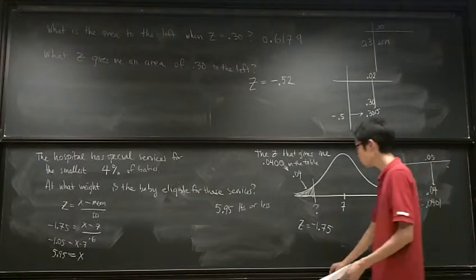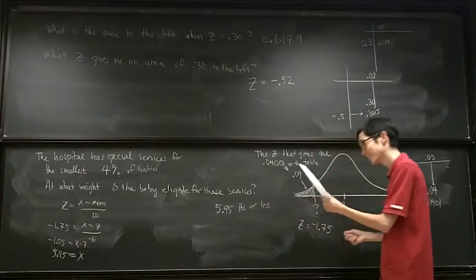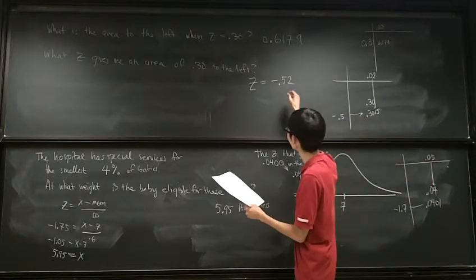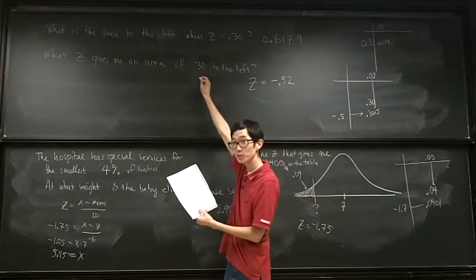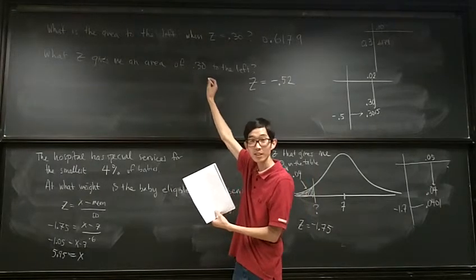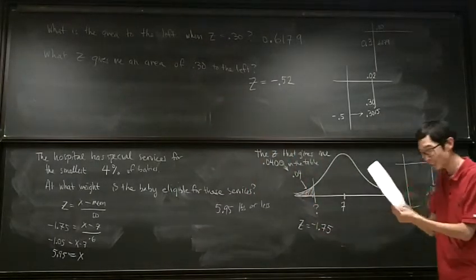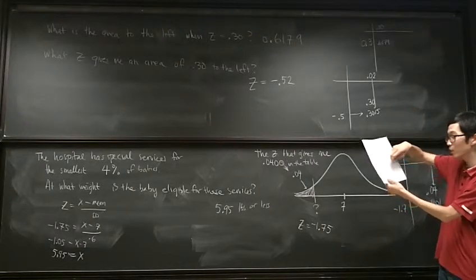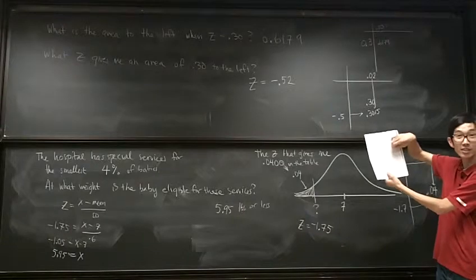Okay, so I'm looking in the area. I want you guys all to understand. I'm looking for the area that's closest to 0.30. We don't find 0.30 exactly in this table.